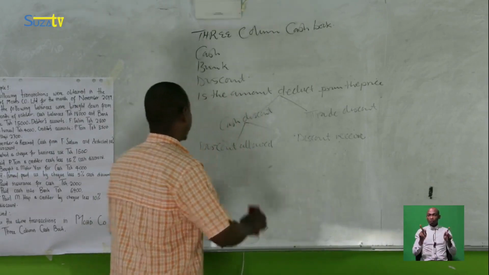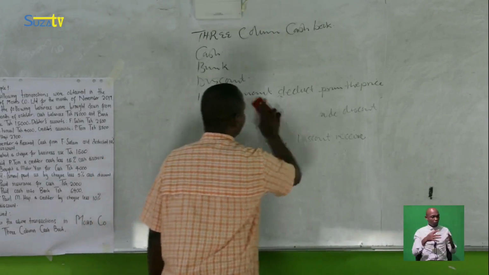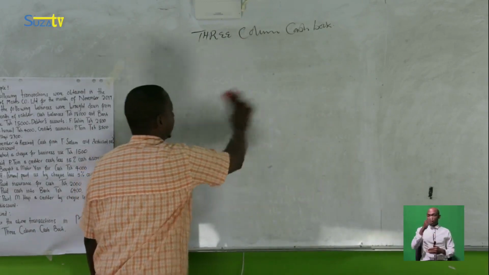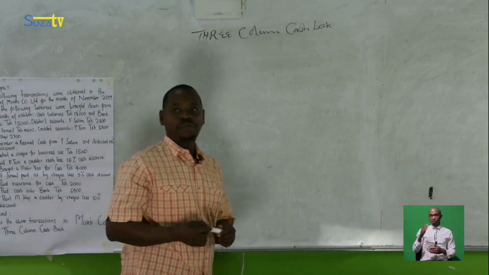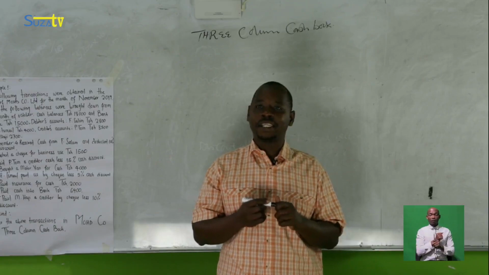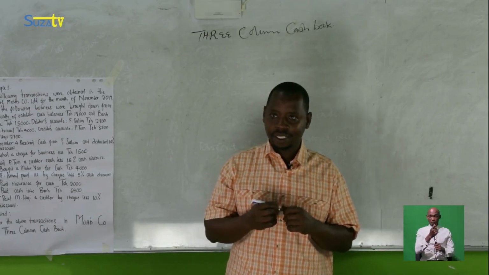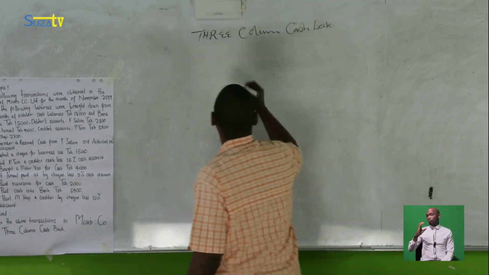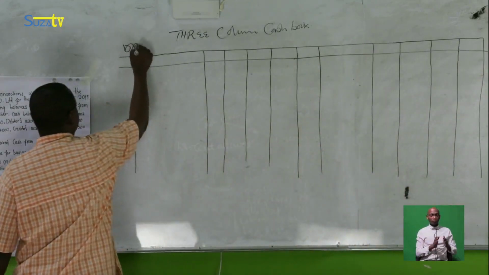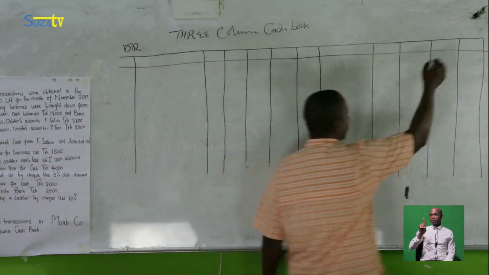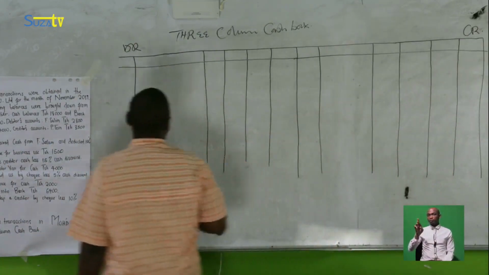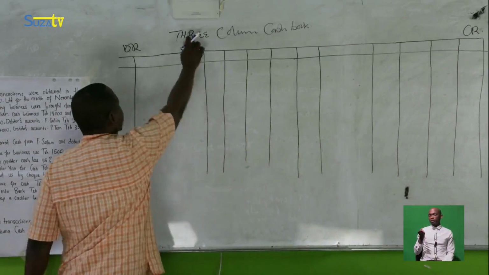Okay, refer to the format of the 3-column cash book. The format of the 3-column cash book has a debit side and a credit side. Look at the format. This side is known as the debit side, and this side is known as the credit side. Here, you put the title.